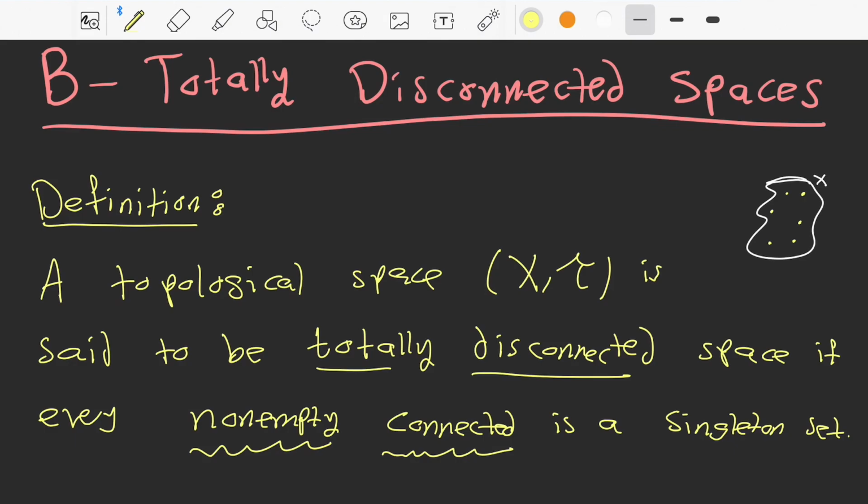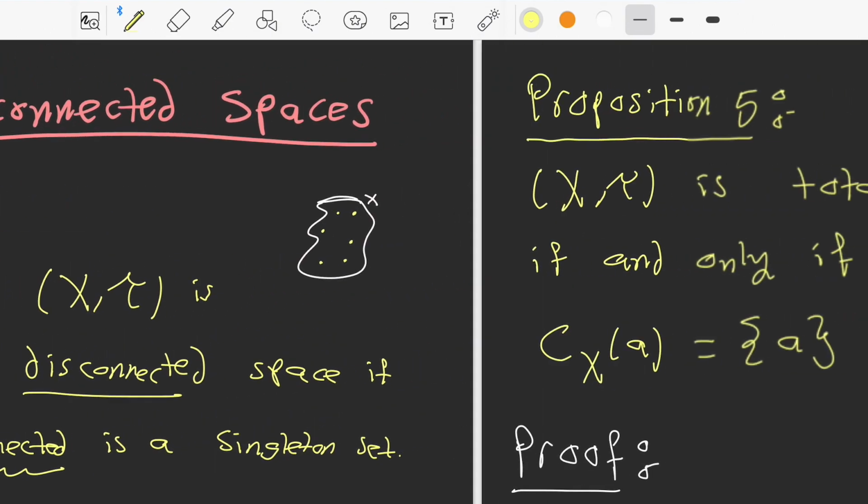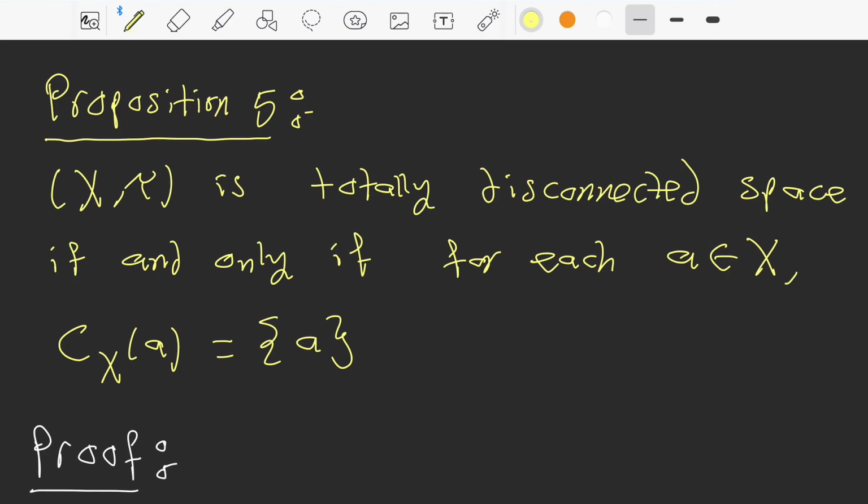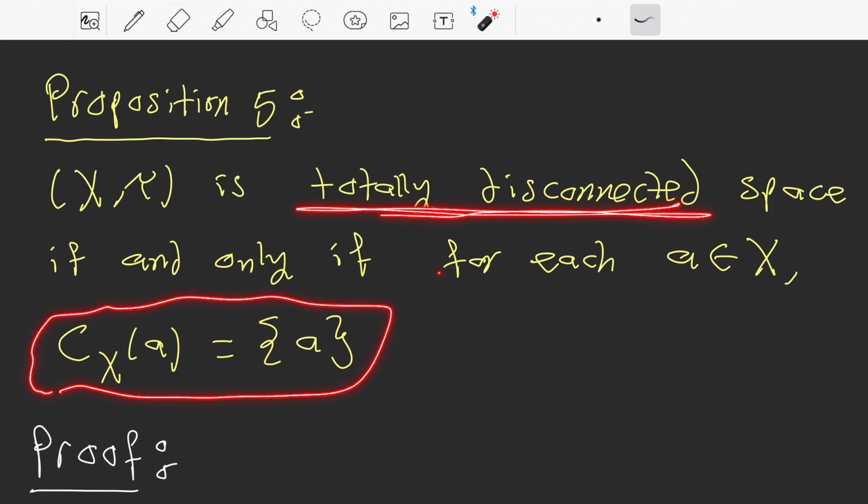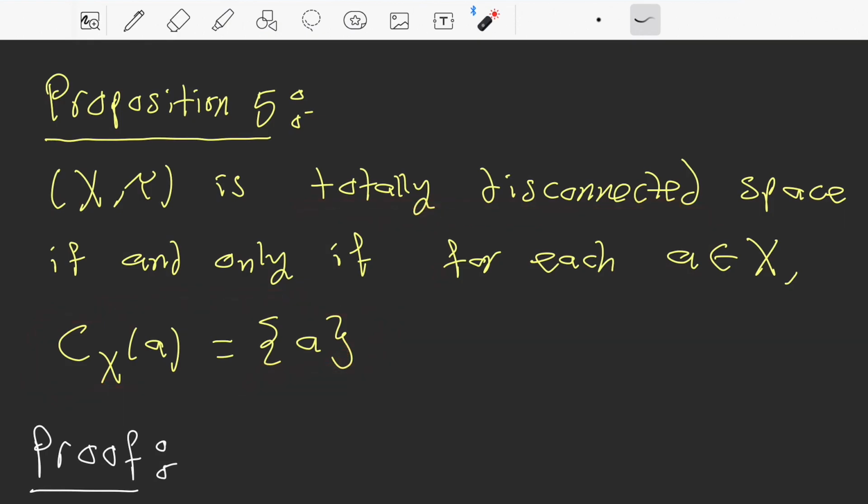Let's now see one proposition, maybe another formulation for totally disconnected space. If we connect it to what we already did about the connected component, we see that a space is totally disconnected if and only if the connected component that contains A is just the singleton A, which makes sense because remember in totally disconnected we said that the only connected sets are the singletons, so anything connected will be a singleton.